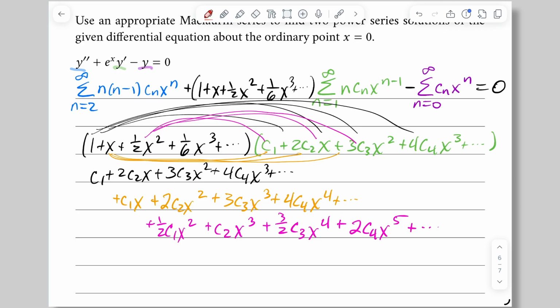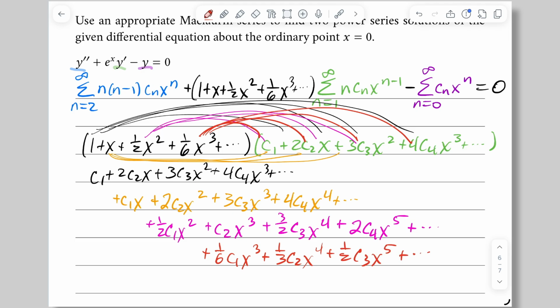How many terms are we going to have to get? I actually don't know, but I'm going to keep going. 1/6 x cubed by everything in y prime is going to give us a positive 1/6 c1x cubed plus 1/3 c2x to the fourth plus 1/2 c3x to the fifth. I'm going to call that good there.